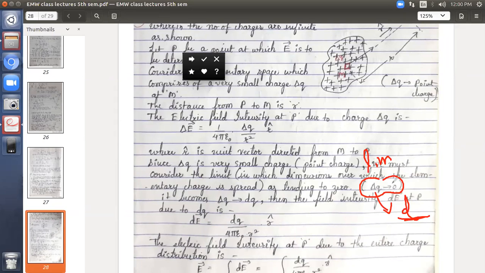Hence what we have considered, the smaller delta Q, tending to 0, becomes dq, and the field also, it is delta E, it will become dE.